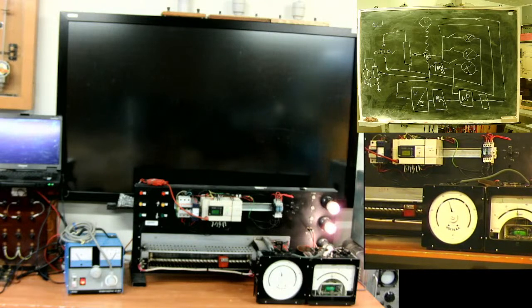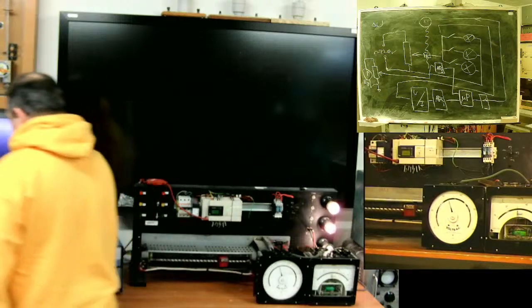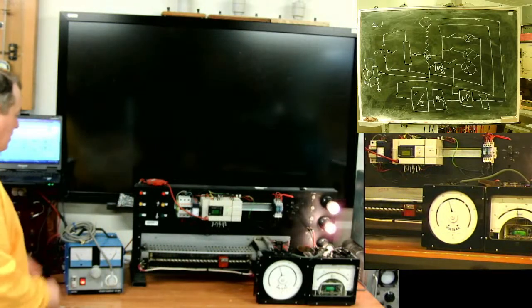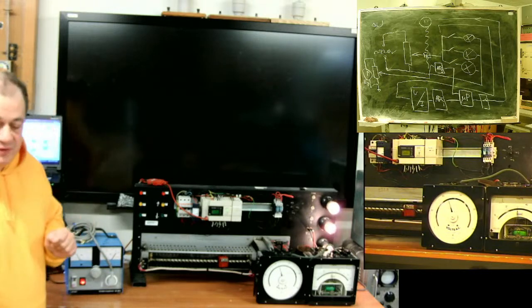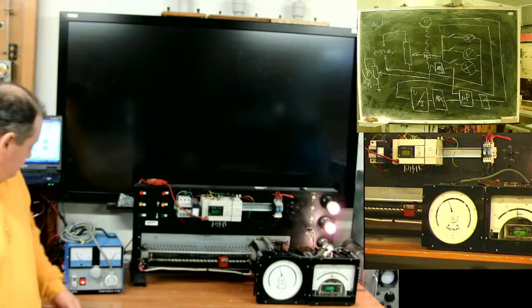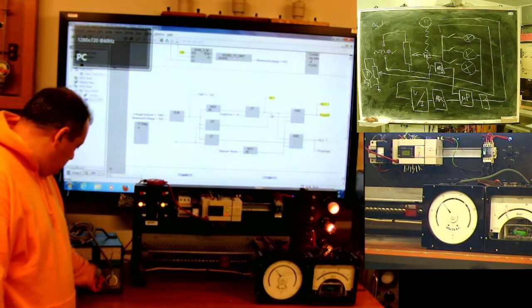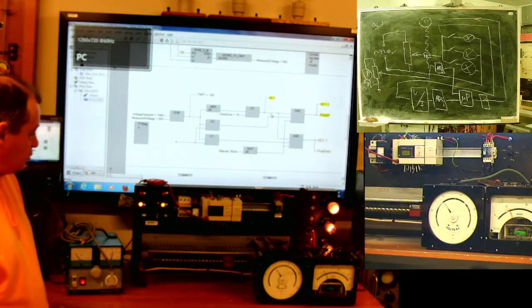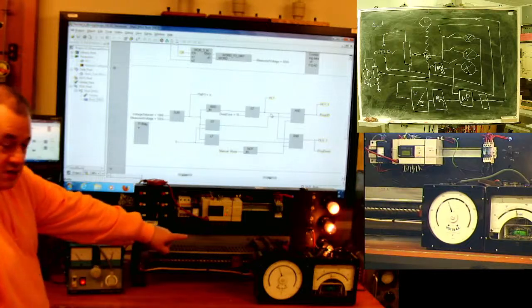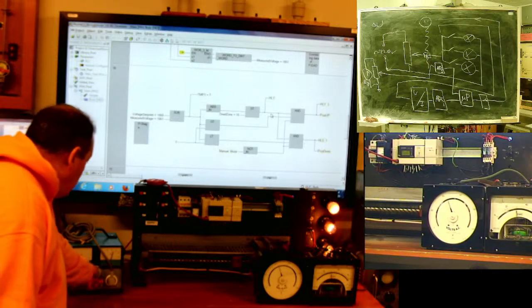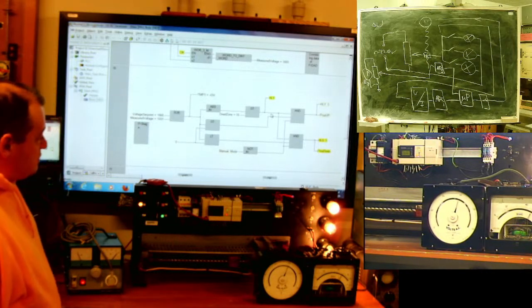What I will do now, I will change supply voltage. At this moment, we have a constant voltage. What will happen when I change supply voltage? 170 volts. At the first moment, power drops. See? Do you see what happens? I increase voltage to 240 volts.